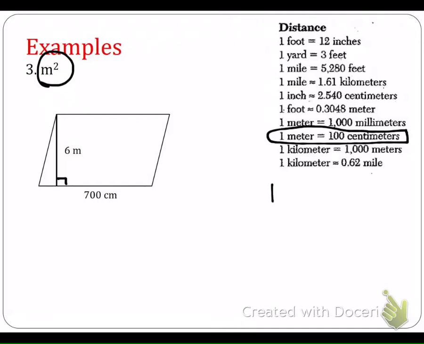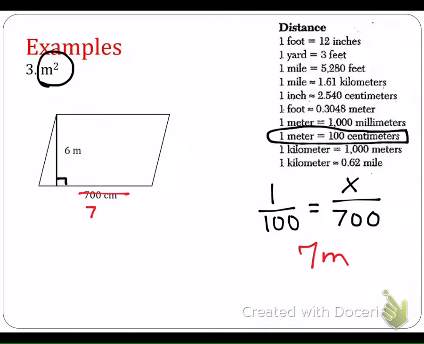So 1 meter equals 100 centimeters. I have 700 centimeters. I need that in terms of meters. So it's going to be what? 7 meters. Good. So you can get rid of that. 7 meters, all right? Now how am I gonna find the area?